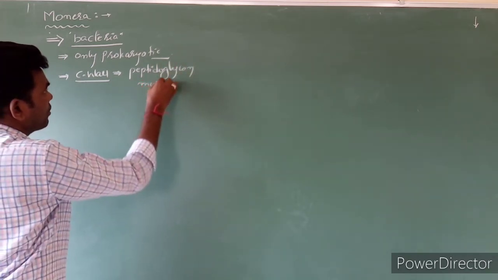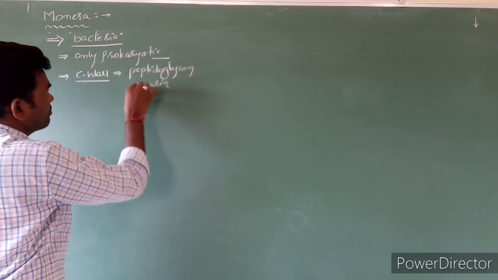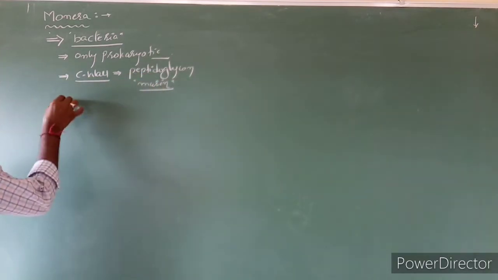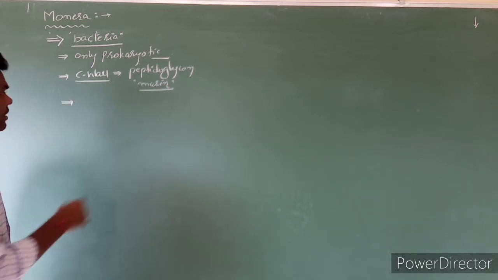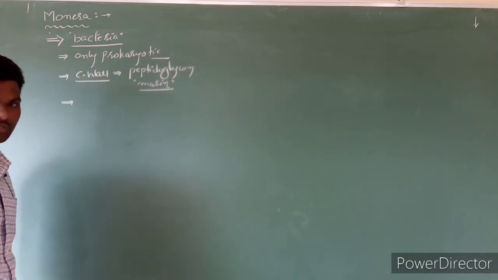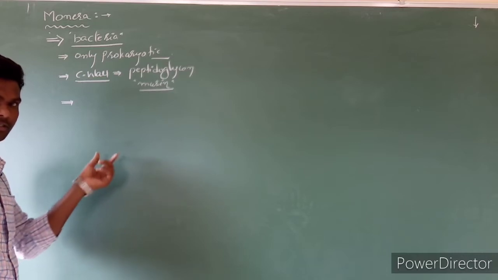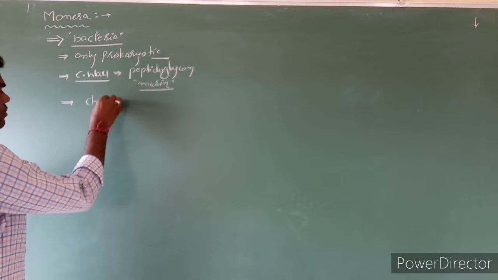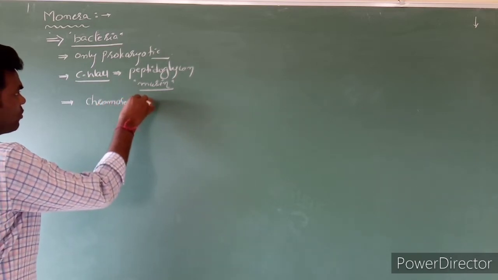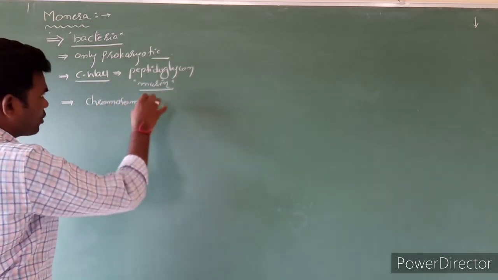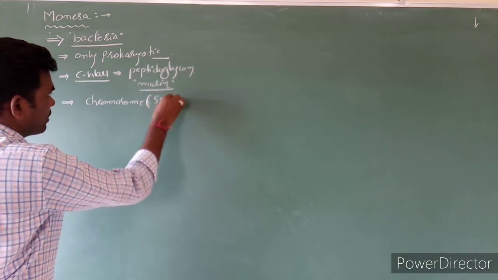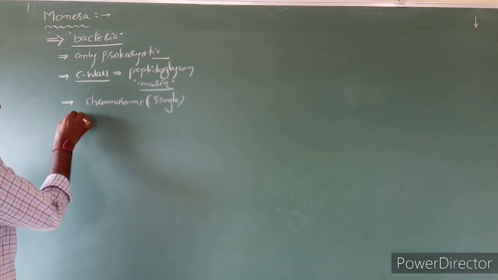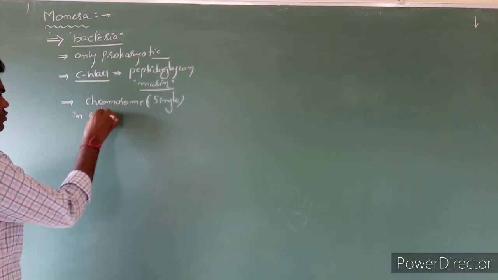or murein. Peptidoglycan or murein. Next, the main character is, we know that the nucleus is absent. It is a primitive nucleus, or the nucleus is completely absent. So that's why only one chromosome, a single chromosome, is present, which lies in the cytoplasm.